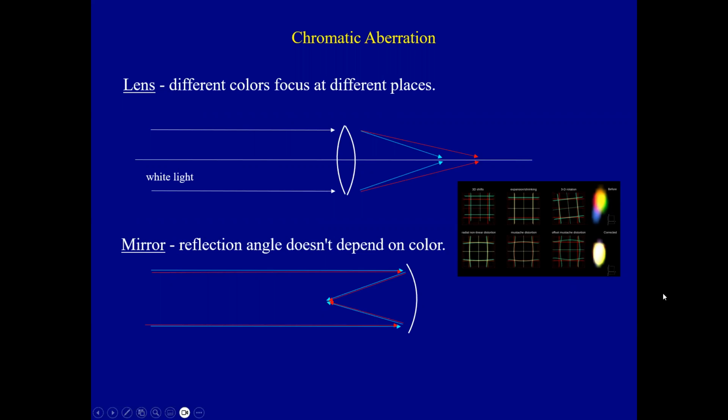On the right side, you can see what chromatic aberration looks like in a practical scenario. This is what we see through a telescope. This is basically a star, right? It may look elongated because of other optical issues, but it has to be a white elongated blob. If you take a reflecting telescope, you will see this. It has some other deformations, but it's still in its true color.